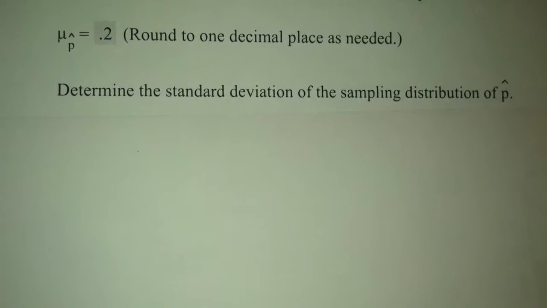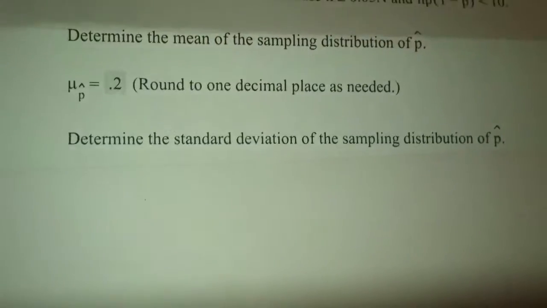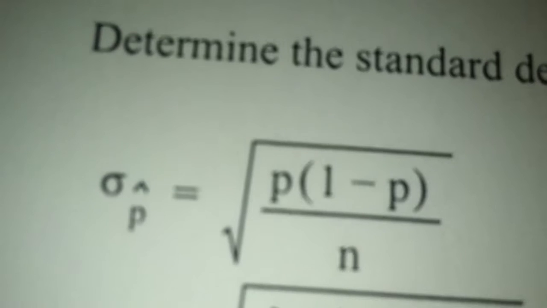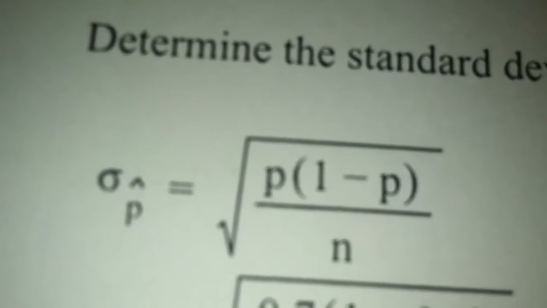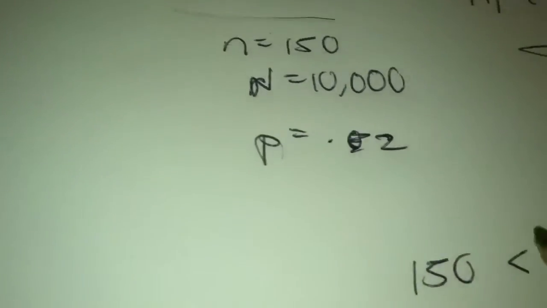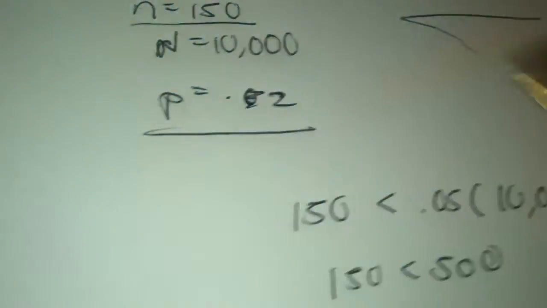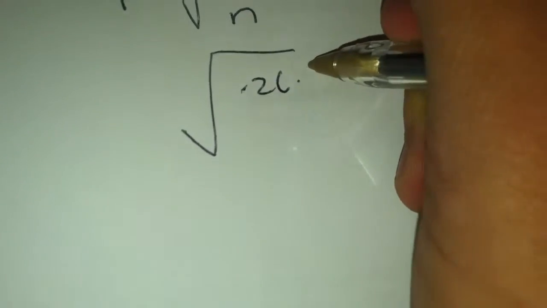Now to determine the standard deviation of the sampling distribution of p hat, we need to follow this formula. This formula is going to help us get the standard deviation of p hat. We already have the p and the lowercase n, so we're going to plug them in. p equals 0.2, 1 minus 0.2 is 0.8, over 150.